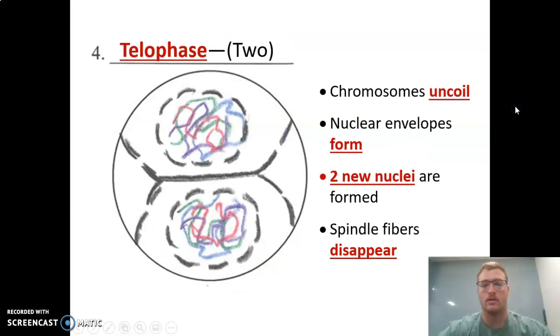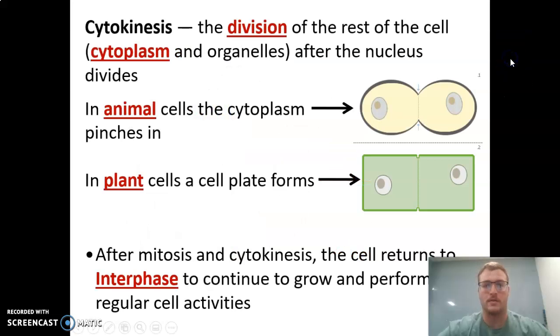And then during telophase, the nuclear envelope begins to form. The chromosomes begin to uncoil. This forms two new nuclei, and then the spindle fibers disappear. After this stage, cytokinesis occurs. Cytokinesis is the division of the rest of the cell, the cytoplasm and the organelles.